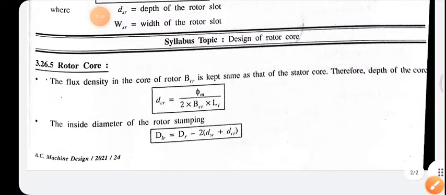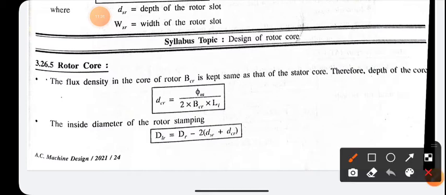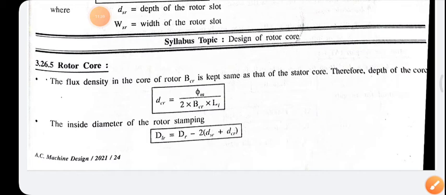Last, for the rotor core, we keep the flux density the same as that of the stator core, so the depth is given by dcr equals φm upon 2 Bcr into Li, and then the inside diameter is given by this equation. So we are completing the design of the wound rotor. In the next lecture we will see the leakage reactance calculations.